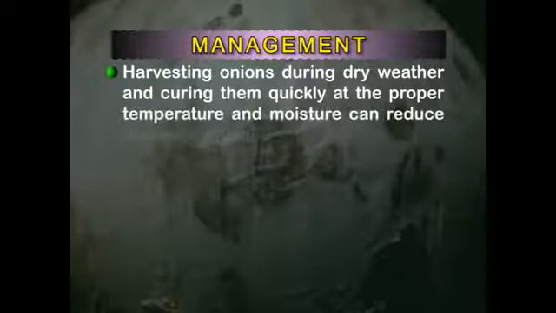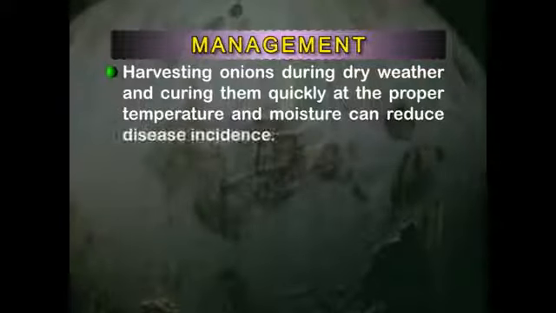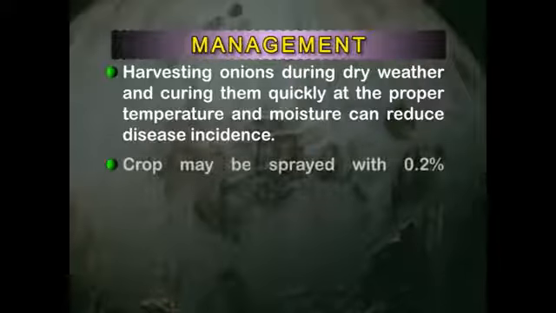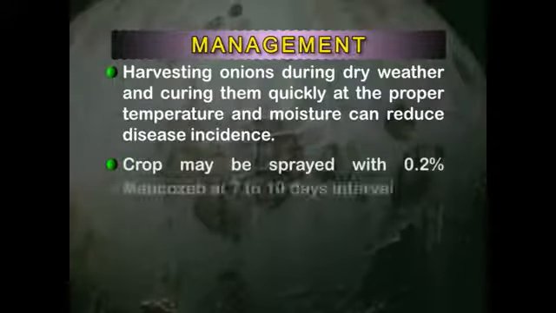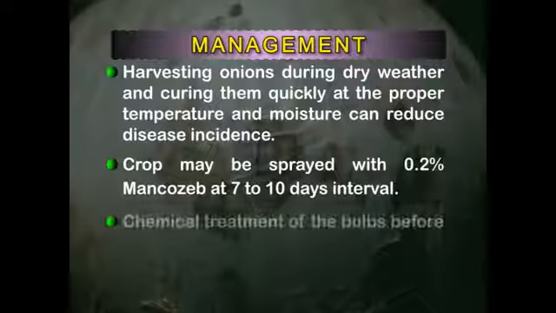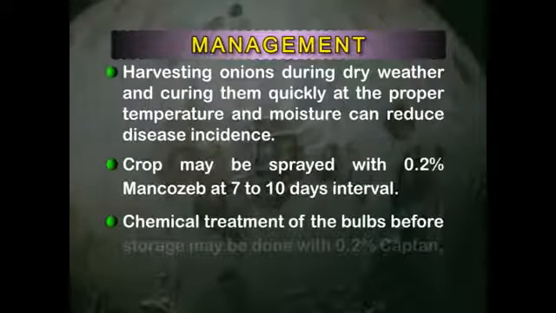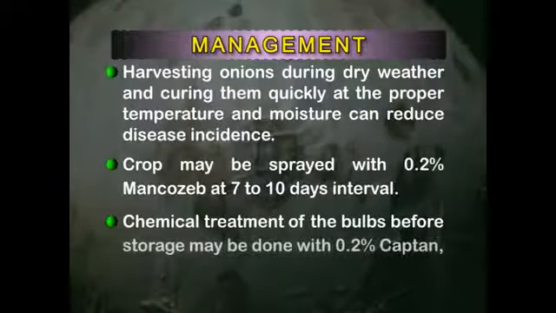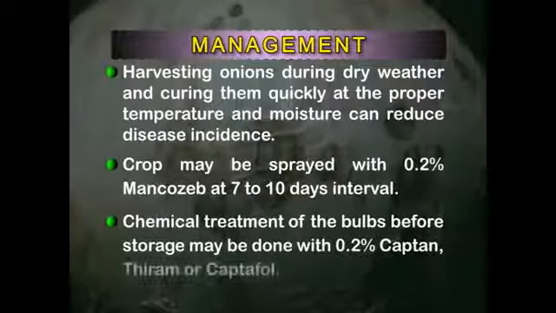Harvesting onions during dry weather and curing them quickly at the proper temperature and moisture can reduce disease incidence. Crop may be sprayed with 0.2% mancozeb at 7 to 10 days interval. Chemical treatments of the bulbs before storage may be done with 0.2% Captan, Thiram or Captafol.